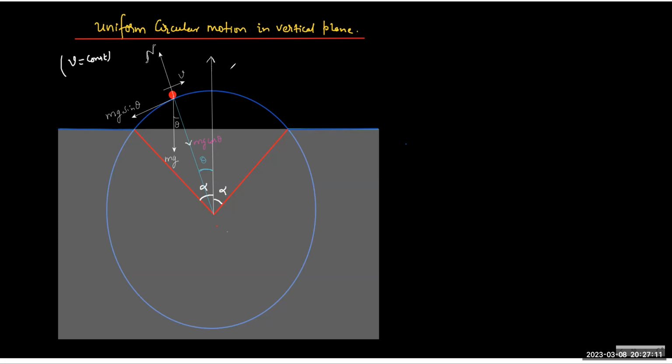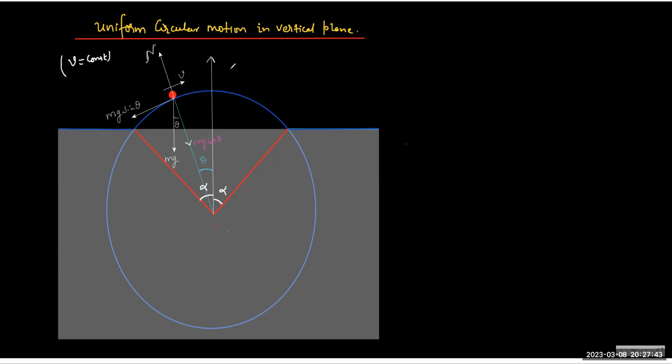Yes, sir. So how to make the net force 0 along the tangent? Do we need to bring some new force, or is this FBD sufficient? Right now, what is the net tangential force? mg sin theta, very good.